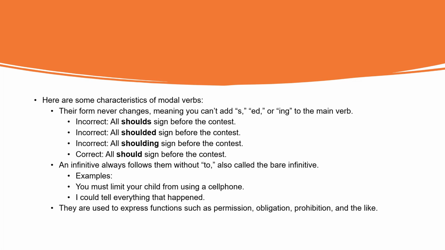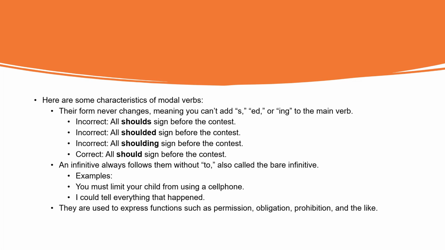Also, the next one is this: I could tell everything that happened, not I could tell to everything that happened. We don't see the word to. And lastly, they are used to express functions such as permission, obligation, prohibition, and the like.